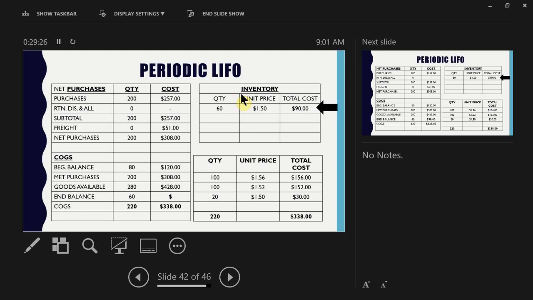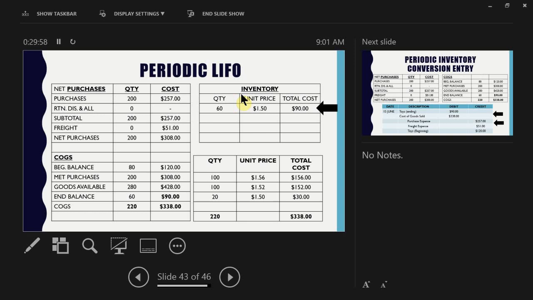So looking at this, if we calculate our grand total, we should have a total of 220 items sold, and it should cost us a total of $338, okay? Leaving our ending inventory, which was our beginning inventory that we transferred over, to be 60 units at $1.50, which we know to be a grand total of $90, okay?